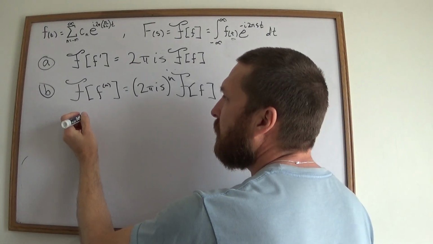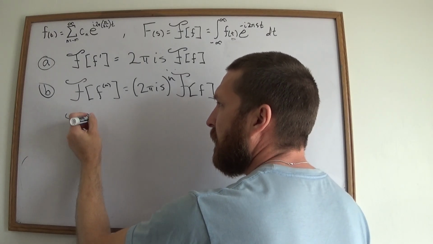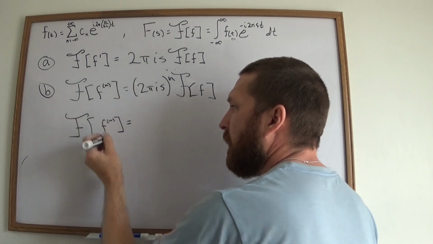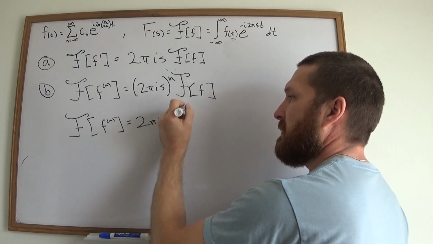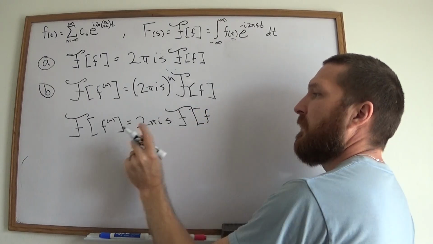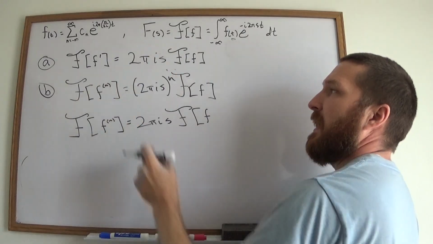I would say, well, hold up. From the first thing, part A gives us that this is equal to 2 pi i s times the Fourier transform of f one derivative less than that, right?